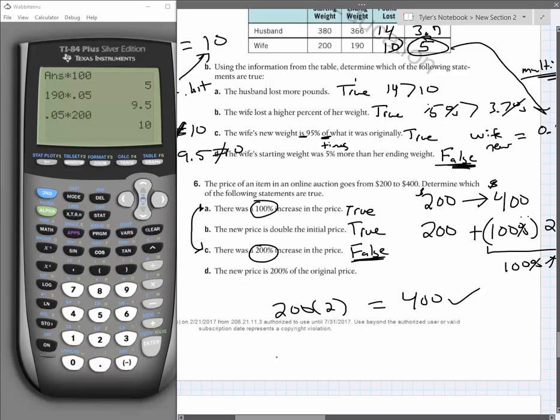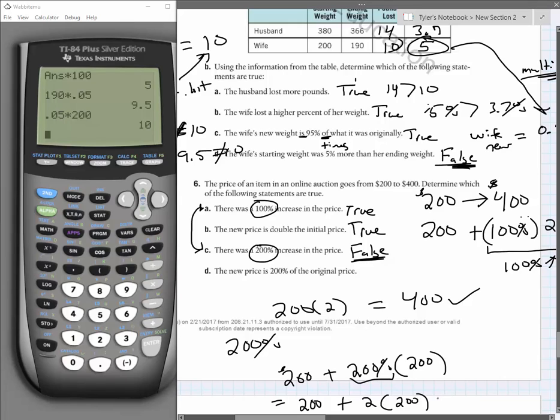If you think about it for a moment, a 200% increase in numbers would mean we take $200, my original amount, and add the increase, which would be 200% times my amount. So this would be 200 plus, and 200% I can write as 2, so 2 times 200, which would all equal $600, right?